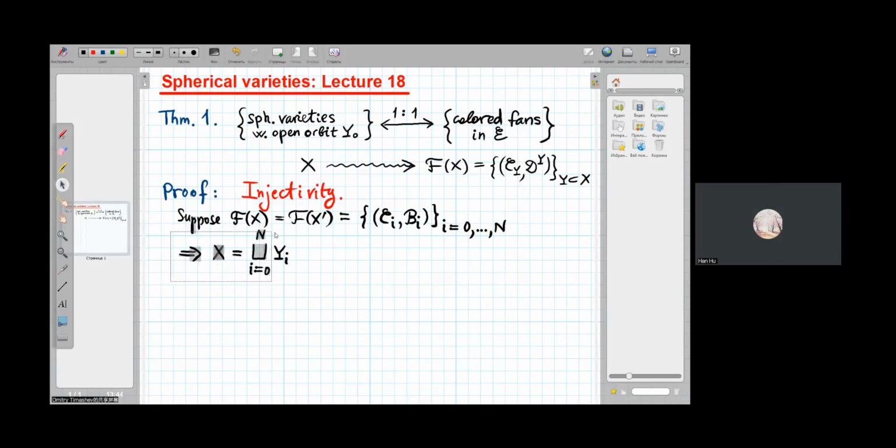Let me write it somewhere here. So these Yi's are all G orbits in X.